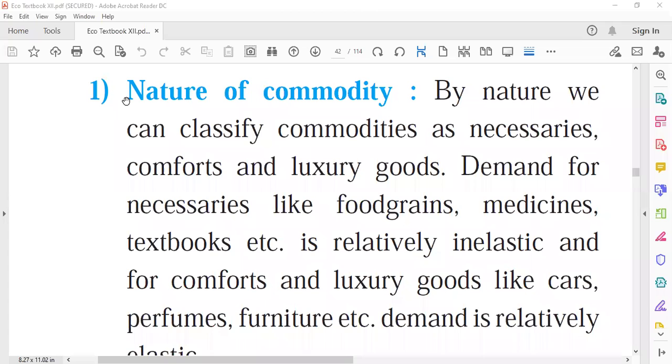For example, if you want to purchase designer furniture but you do not have enough money, you can postpone your demand and purchase it later. Therefore, in the case of luxurious goods, since the postponement of the demand is possible, demand is relatively elastic.